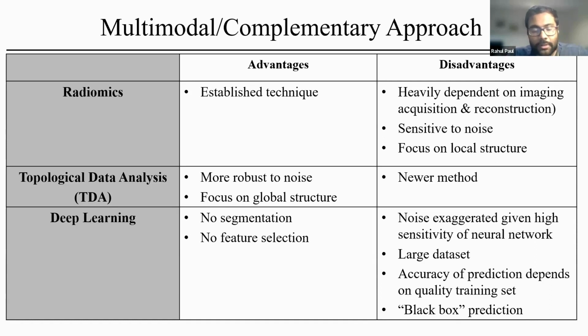If your training set is all noise and not good data, then you cannot expect good predictions on your test set or any unseen data set. And also it is a black box prediction. There are several methods to explain it in some manner, but yeah, you can still call it a black box.